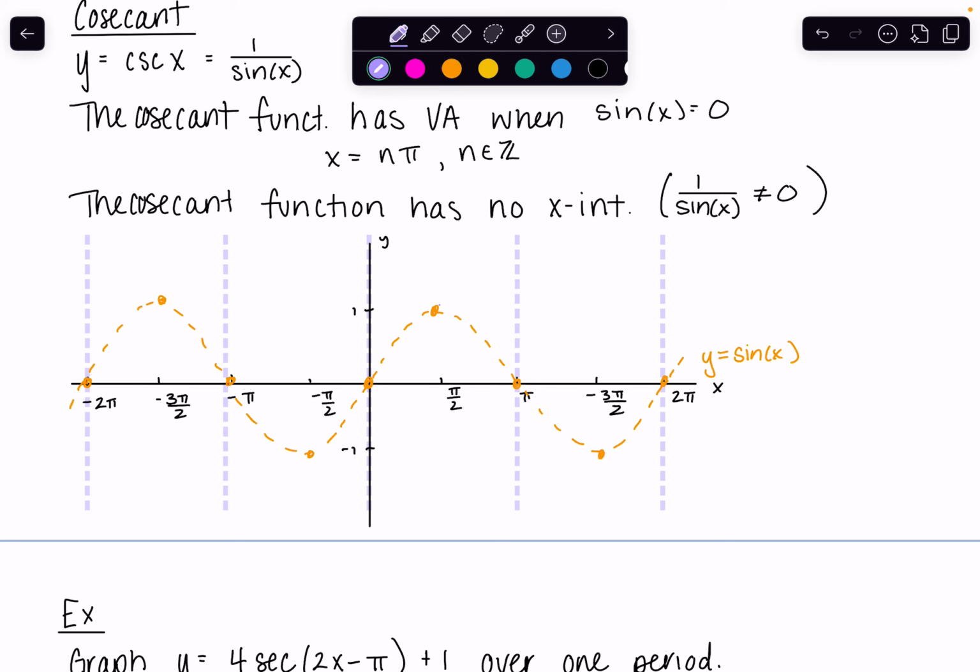And then same idea, the peaks are going to stay exactly the same because cosecant of pi over 2 is 1 over sine of pi over 2. Sine of pi over 2 is 1, so 1 over 1 still gives you 1. So all of these peaks stay the same. And then you're going to take the reciprocal, so you do 1 divided by it. So your graph ends up flipping instead.